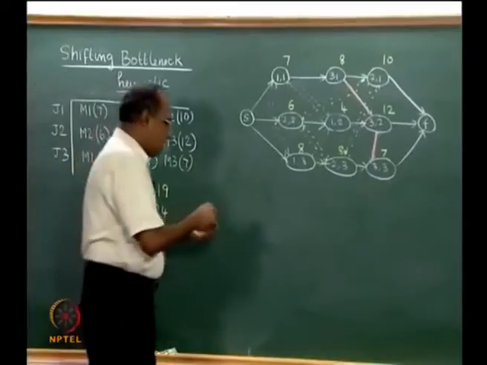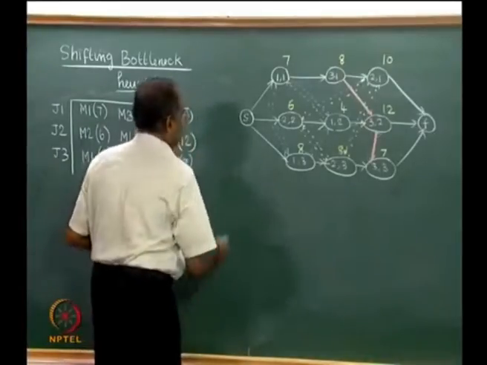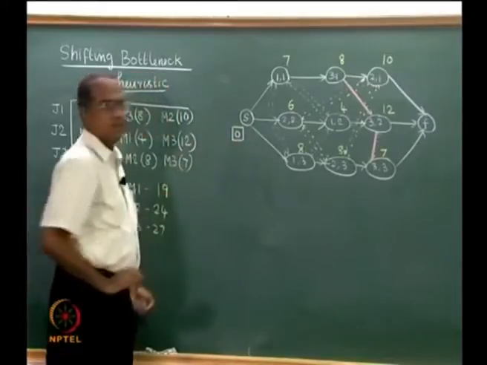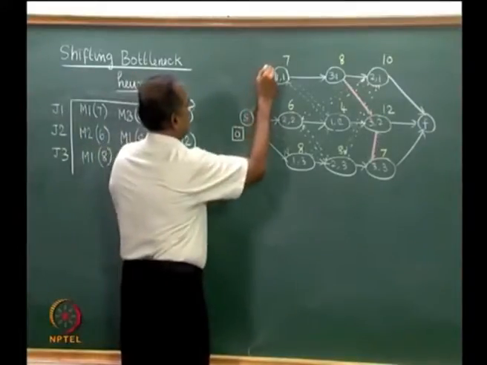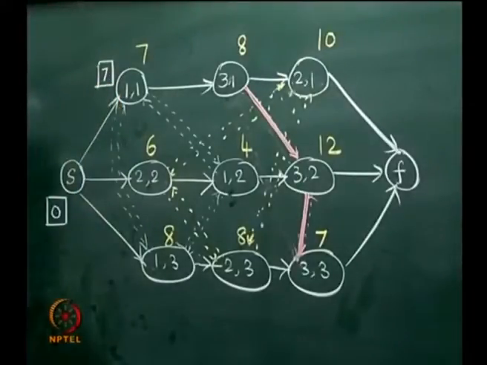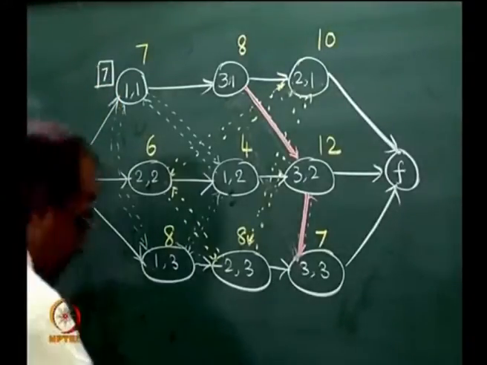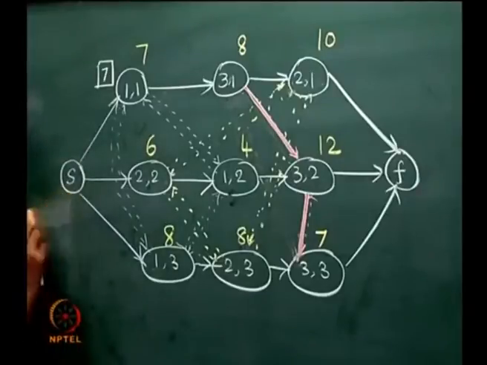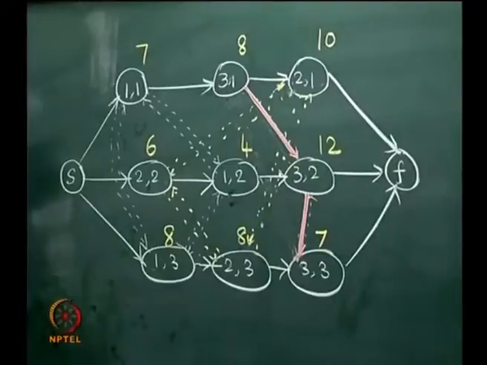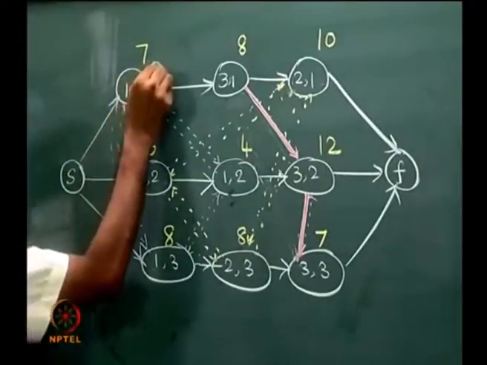So, let us show that computation of the longest path on this network. Let us say we start with 0 for this. So, this comes at 7. It depends on how we write it, because it is an activity-on-node network. So, we could say that this one finishes at 7.